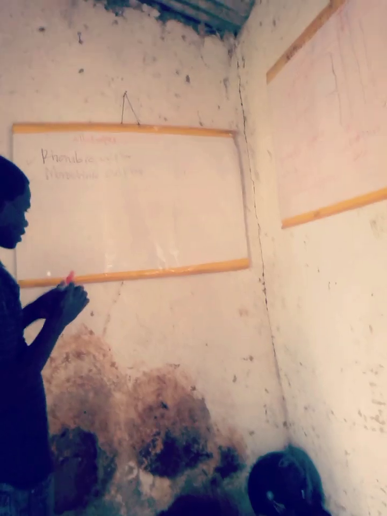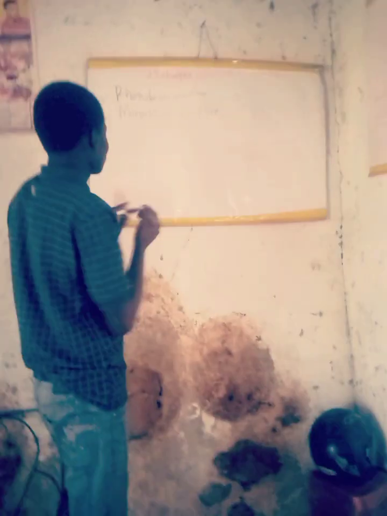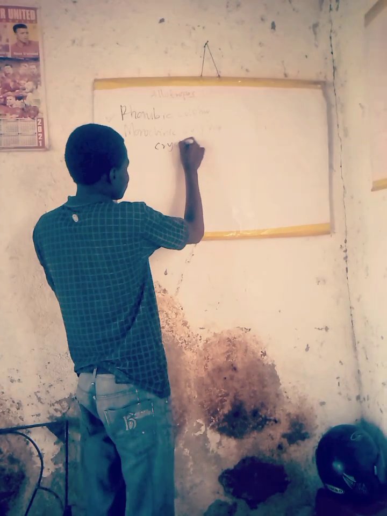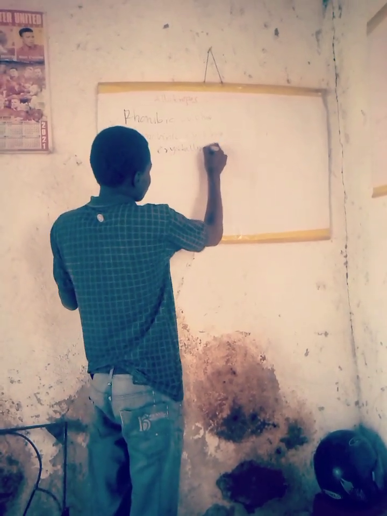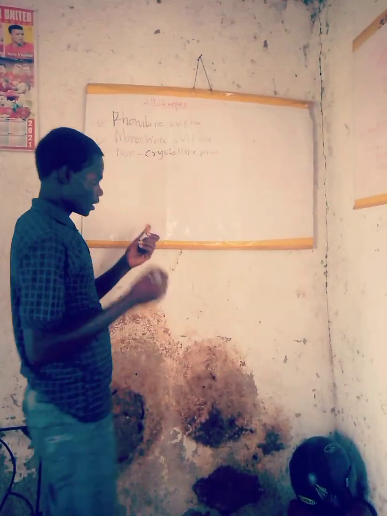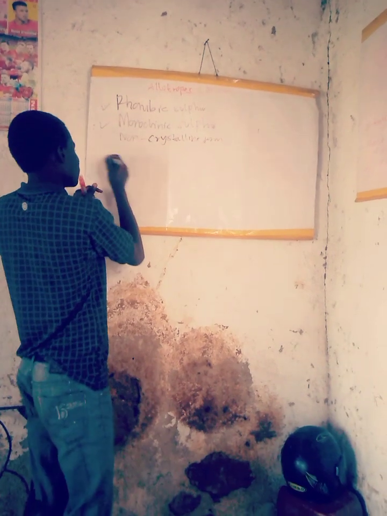We have two non-crystalline forms of sulfur. One, we have amorphous sulfur.